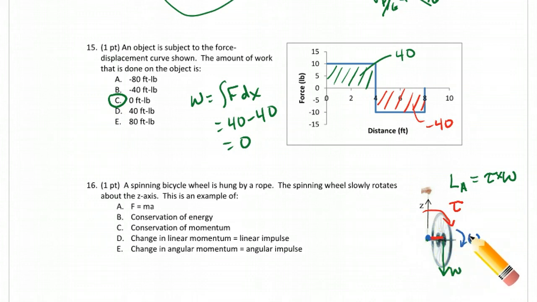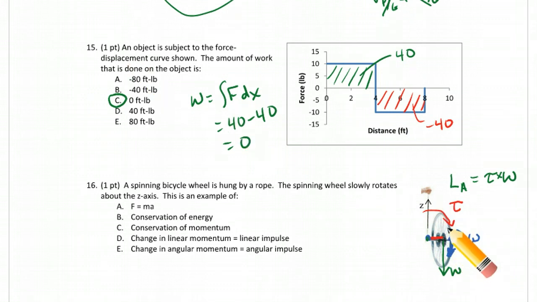Okay, the axis of omega, assuming it's spinning this way. Imagine the wheel spinning that way. The axis of omega, let's make it the other way. We'll make it spinning downward here.